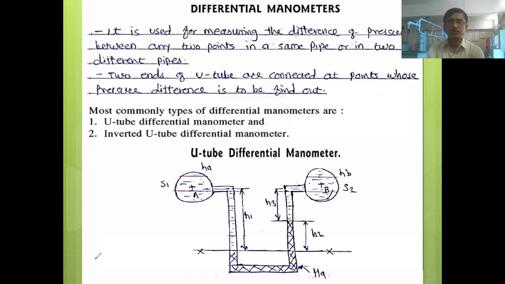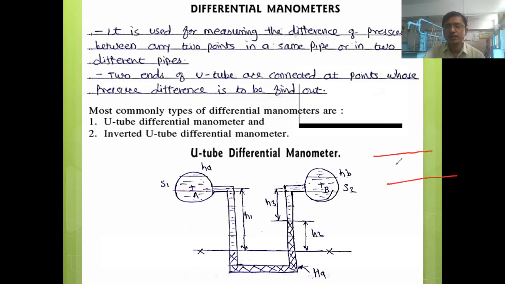Simple manometers are used for measurement of pressure at a single point, whereas differential manometers are used for measurement of, yes, who will tell? Difference of pressure between 2 points. Correct. So differential manometers are used for measurement of pressure difference between 2 points.